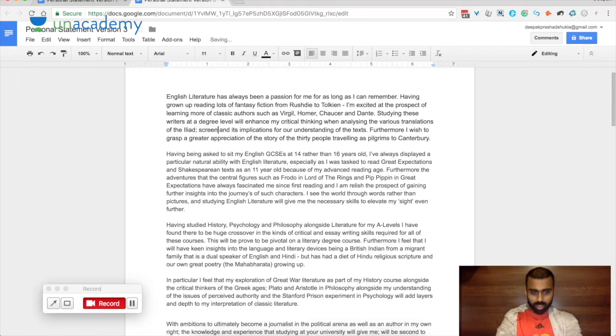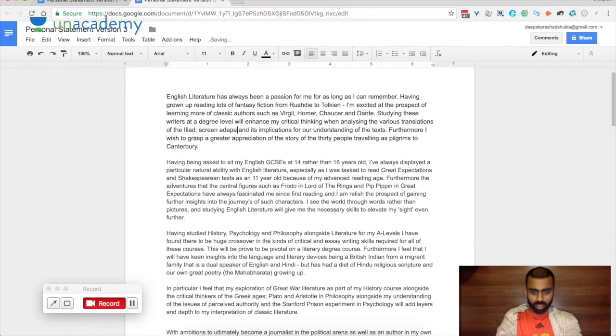Screen adaptations of the text, and its implications.